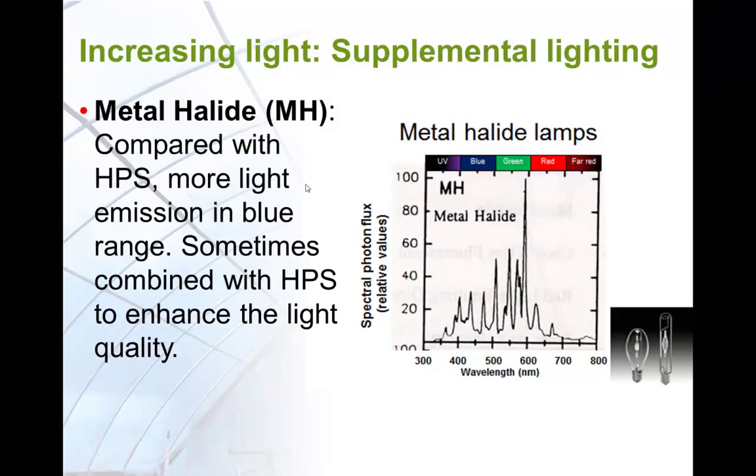Another common light source may be the metal halide lamp, with very different spectral characteristics compared to high pressure sodium. It has more blue component and also even UV, 300, 400. And then again, that's red, and then very little far red.